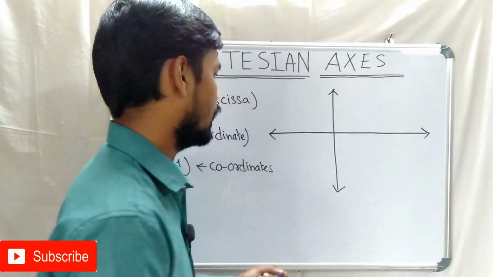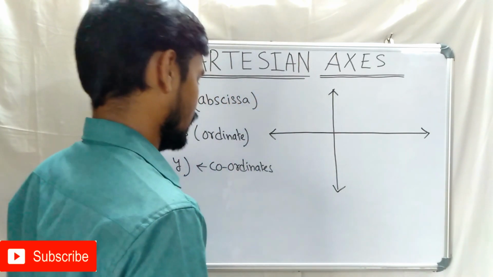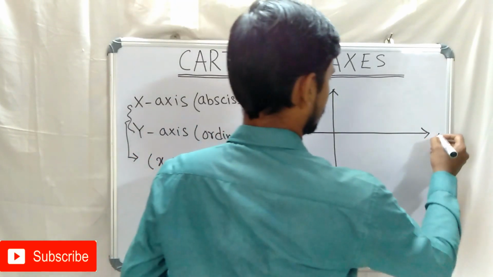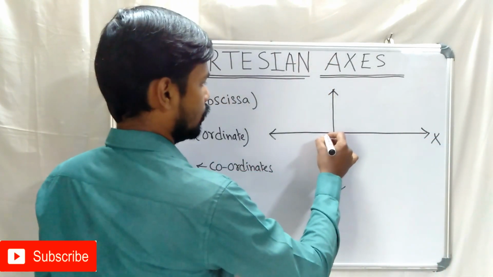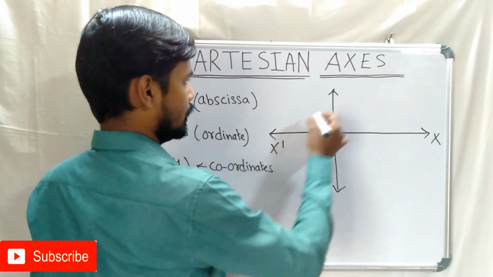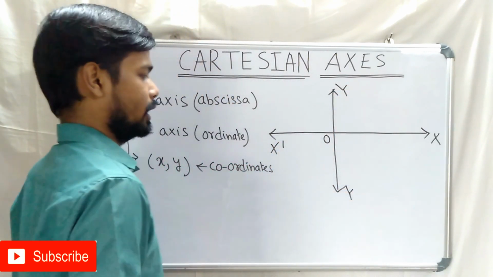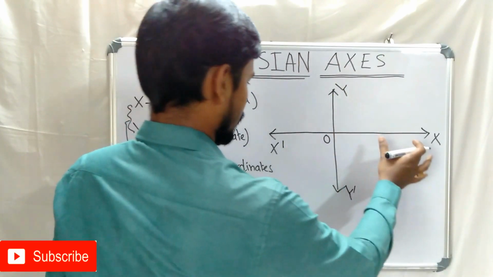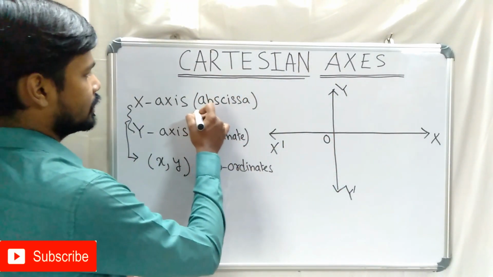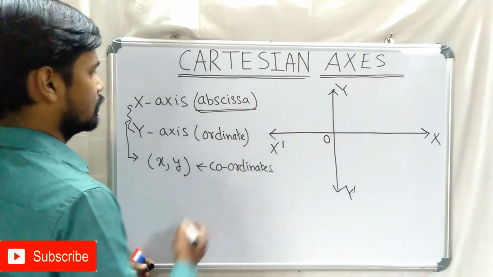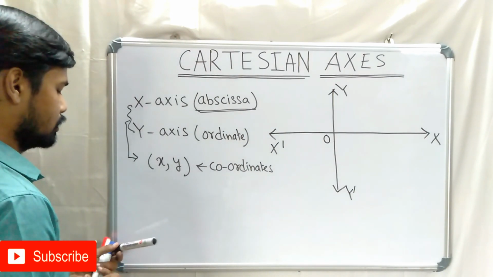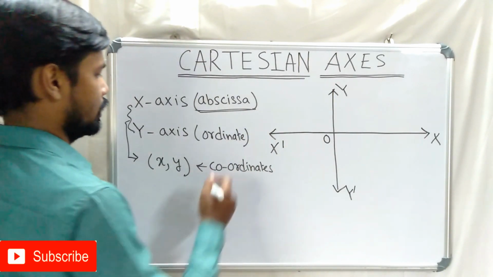The axes are denoted by the x-axis, which is X O X dash, and another one is the y-axis, which is Y O Y dash. The x-axis is also known as abscissa and the y-axis is known as ordinate.